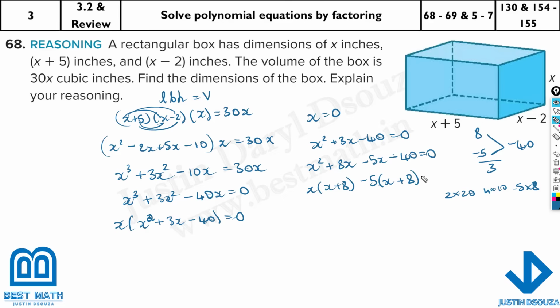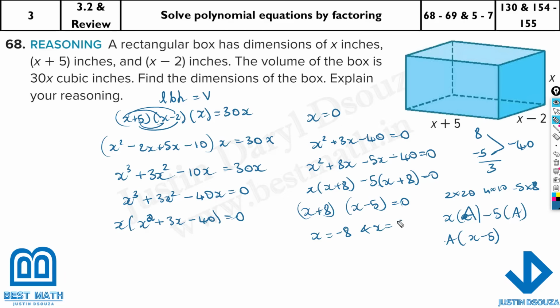This is basically like x times A minus 5 times A, because x plus 8 and x plus 8 is the same, A. So I can take this A common out, the distributive property, and I'm left with x minus 5. If I remove x plus 8 outside, that's the value. So here we have x equal to minus 8 and x equal to positive 5. These are the solutions.